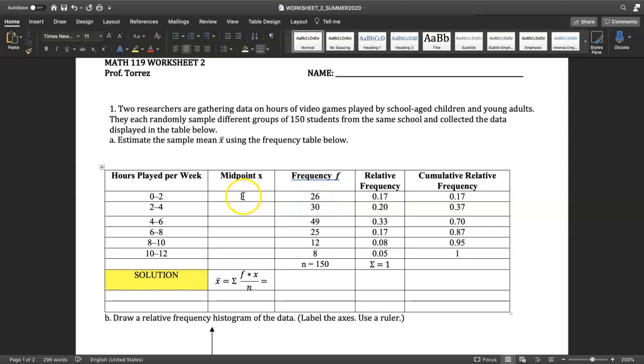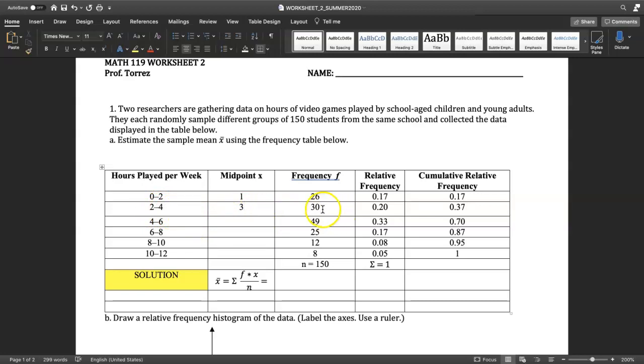So remember what we do to get the mean. We add values. In this case, we're going to add 1 26 times. And then we'll add the midpoint of the next interval x, which is 3, and we'll use 3 as the surrogate for all 30 of the data points that fell in this category between 2 and 4.